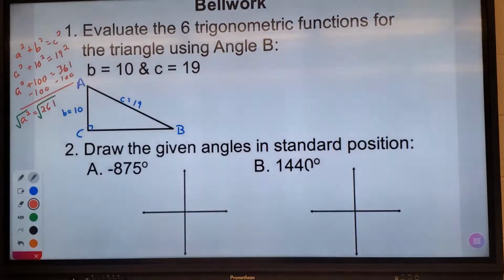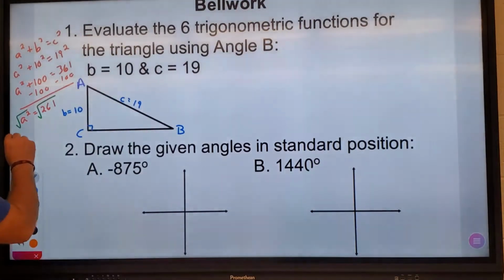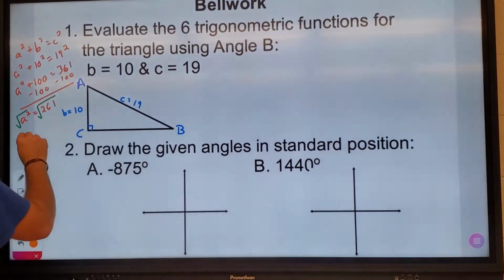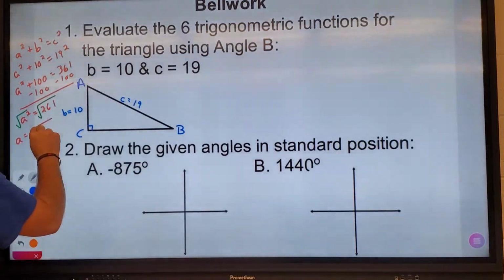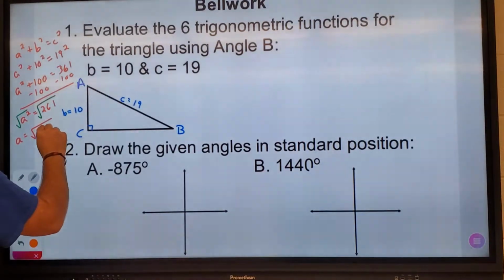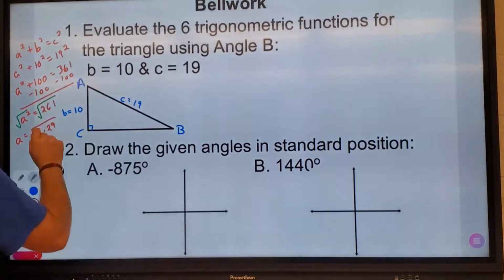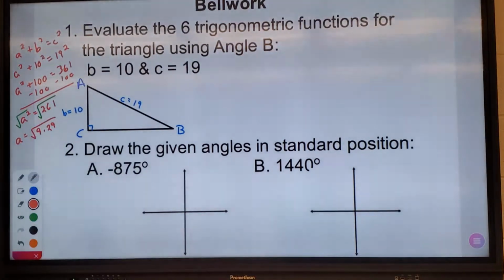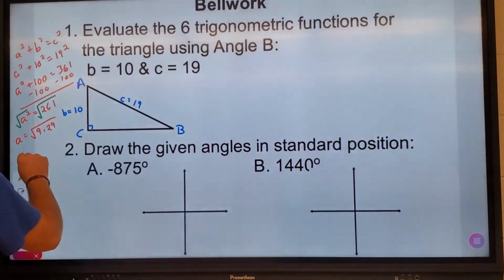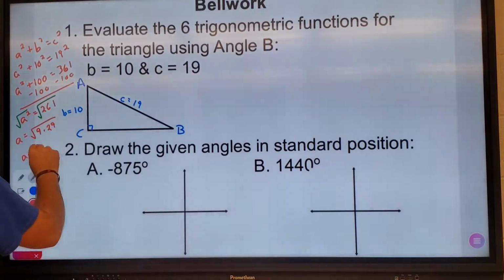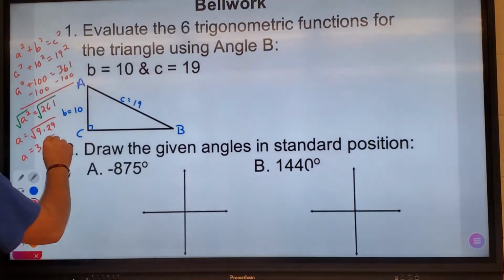However, for the purpose of saving some time on the video, I get the value of A to be the square root of 9 times 29. Plug that in your calculator. That is a perfect square times a non-perfect square, and then does not have any factors that are still perfect squares. But the square root of 9 is 3, so A is equal to 3 square root of 29.